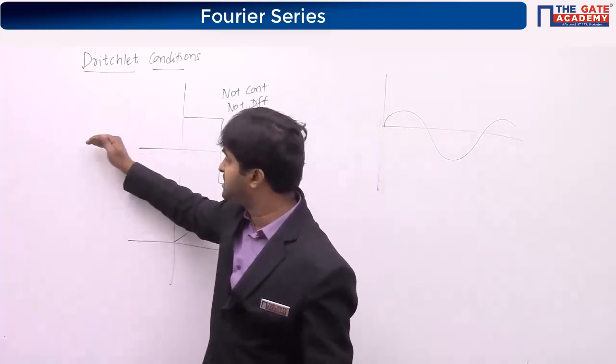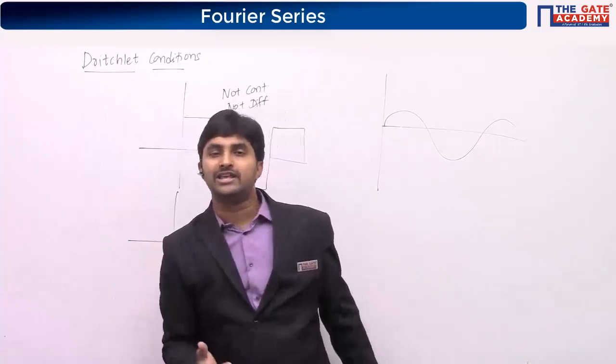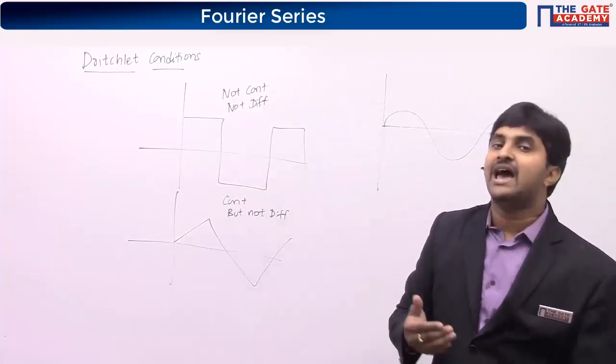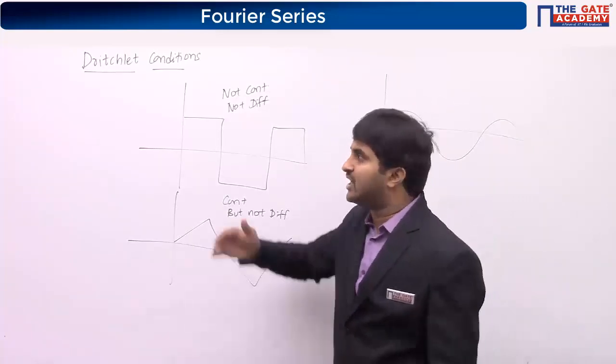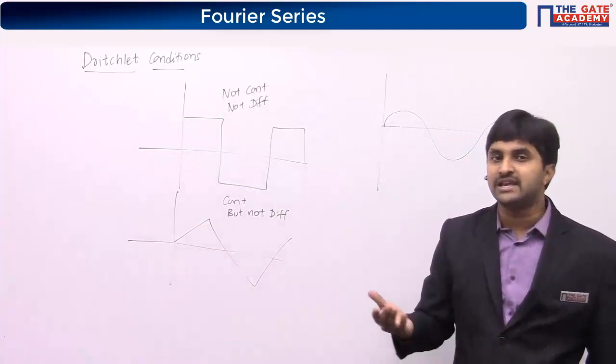These conditions are given by the scientist Dirichlet, so we call them the Dirichlet conditions. When they are followed, the signal will have the Fourier series expansion.